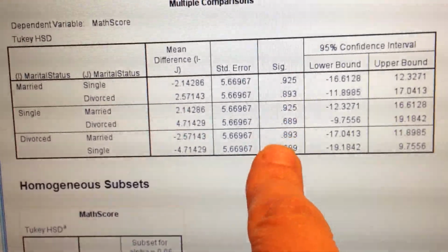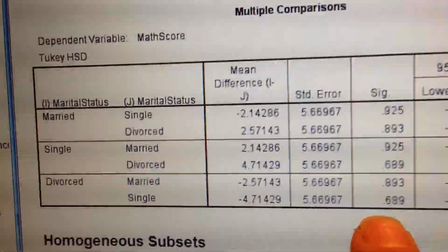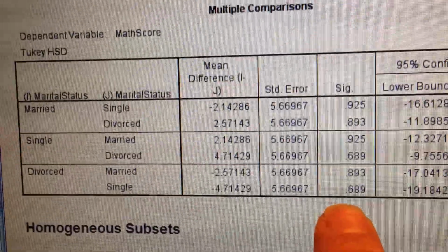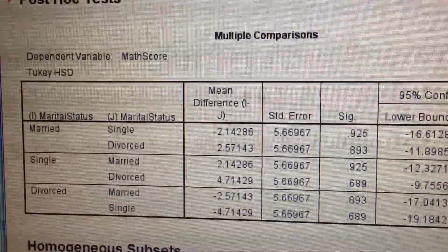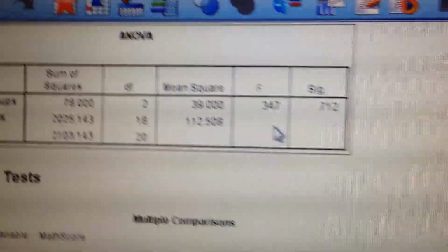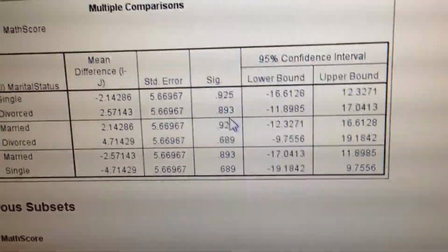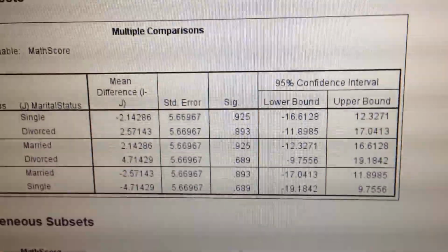And if we look down all of these significance levels, we can see that none of the pairwise comparisons in this case are significant. So not only is there no difference between all 3 groups, but there is not a difference between any of the pairwise comparisons either.